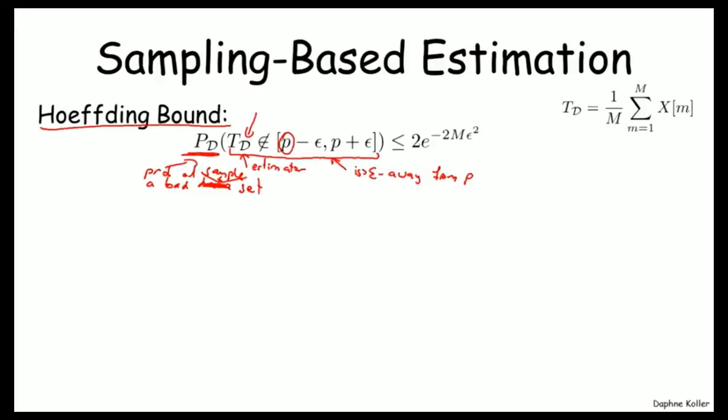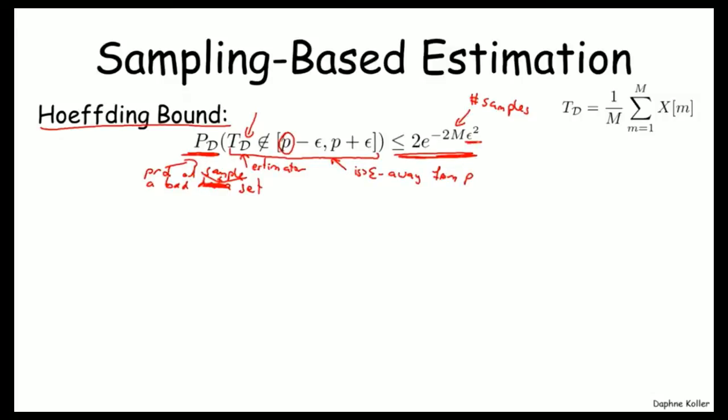The right-hand side is a bound on this probability of getting a bad data set, a data set where the resulting estimator is highly inaccurate. And we can see that that probability shrinks exponentially in the number of samples m. On the other hand, it also shrinks with epsilon.